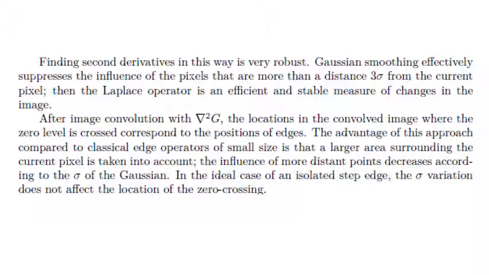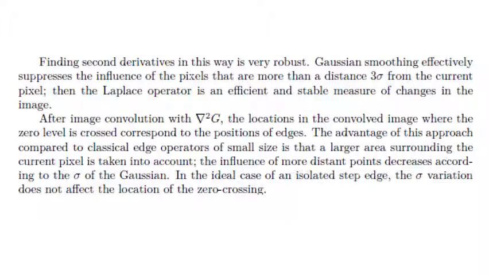Gaussian smoothing effectively suppresses the influence of pixels more than 3 sigma from the central pixel. After finding the Gaussian and then applying the Laplacian, the LoG operator becomes more effective and stable, because too many changes in the pixels become stabilized.